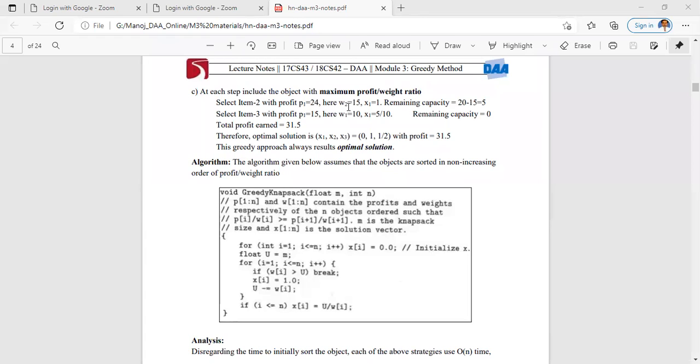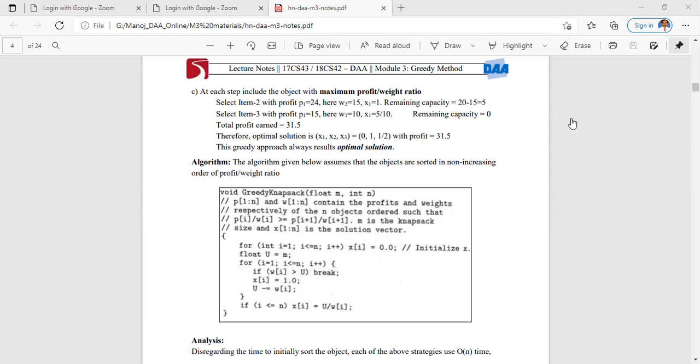Profit P1, weight 15, so it is feasible. 20 minus 15 is equal to 5. Now you come for the next maximum profit per weight ratio. For that you have to go with Pi divided by Wi, which will give you the maximum profit.